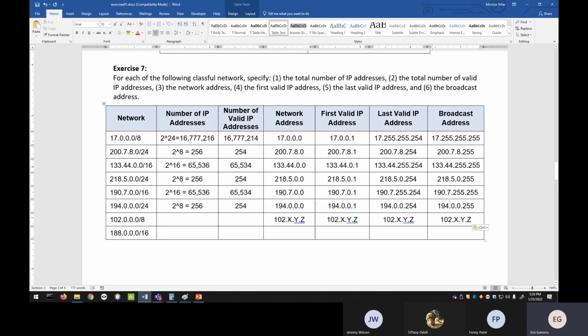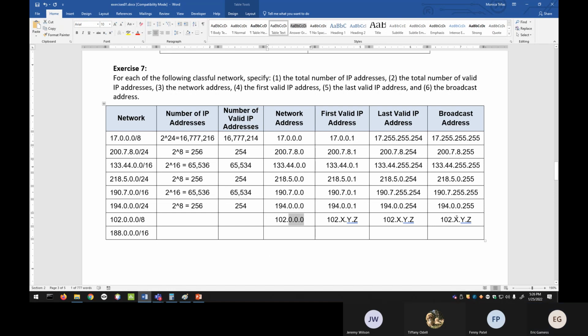So if I ask you, what should I put in X, Y, and Z to get the very first IP address? 0, 0, 0. Okay? This will be the very first IP address. The 24 bits that are dedicated to the host part, I put all of them in 0.